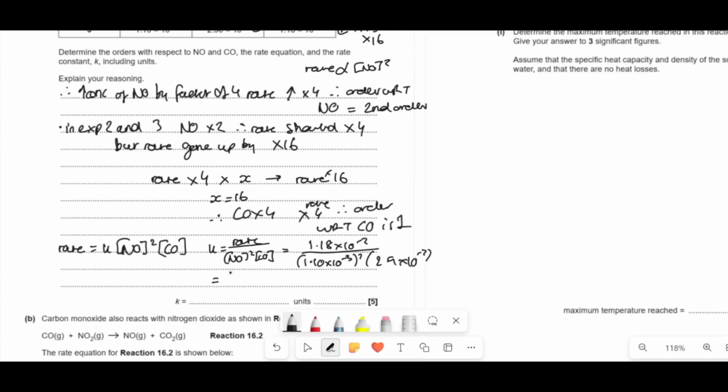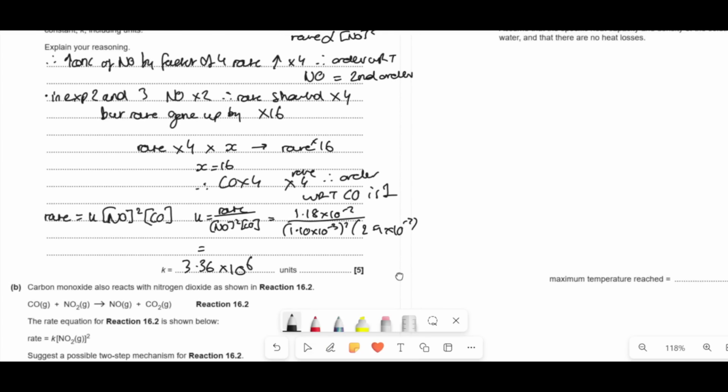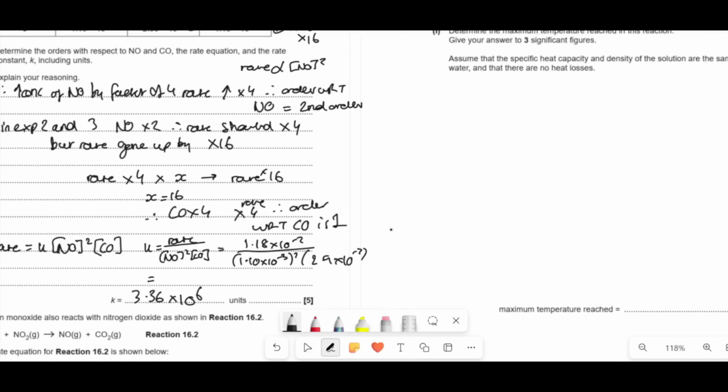That gives you, I'm going to put it in standard form, 3.36 times 10 to the 6. I've done a bit of rounding, but it works out to be 3.37. I've just rounded a bit lazily. And the units, if we look, we're going to deal with rate.